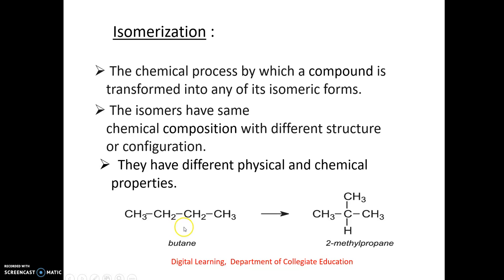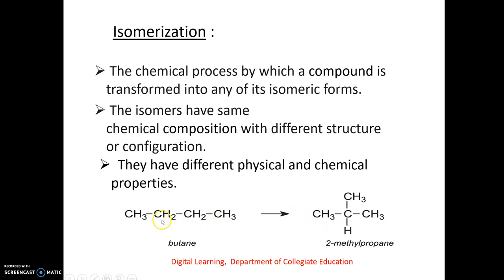The isomer is the one which has exactly the same number of carbon atoms but a different arrangement. Or in other words, we can define isomerization as the chemical process by which a compound is transformed into any of its isomeric forms.